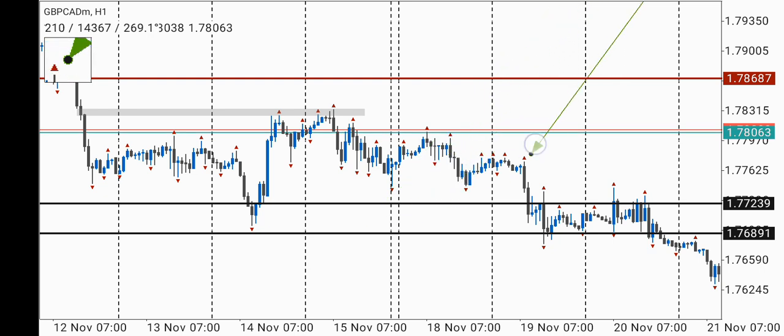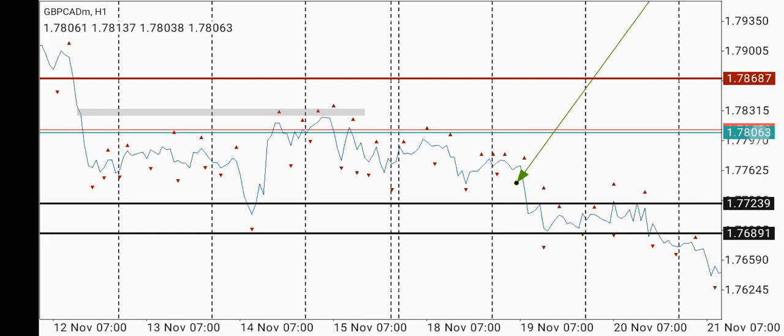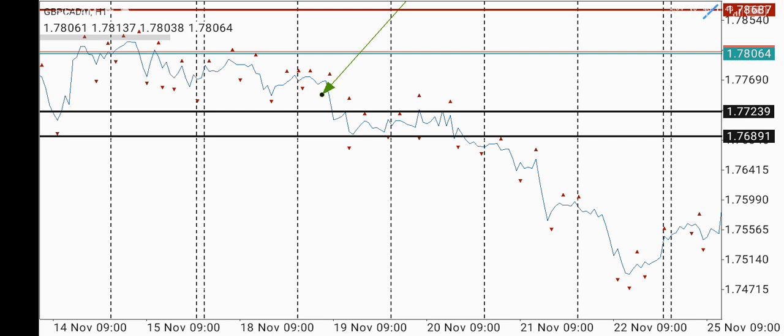So on Tuesday, I got another alert that price had broken another monthly low and the daily low here. Some people submitted their entries.